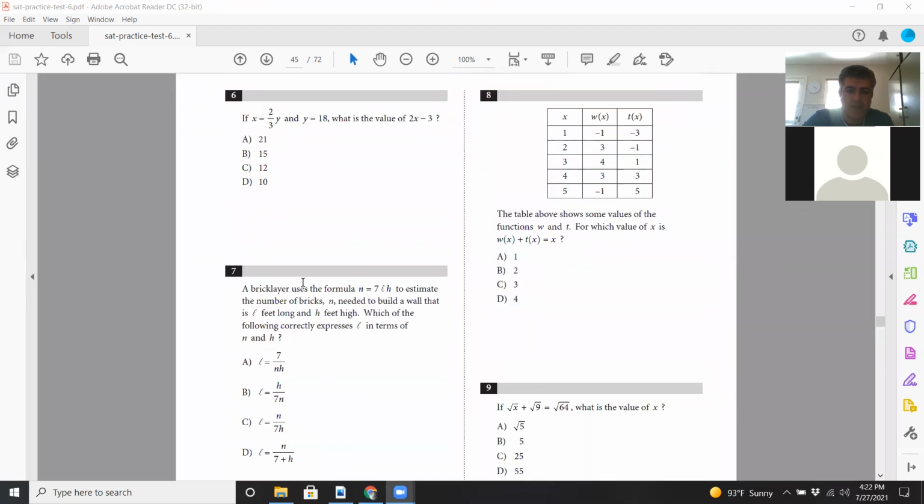Okay, for number 6, I'm going to have you guys try 6 and 7. Actually, I'll have you guys try this entire page. I'll give you about maybe 6 minutes. I'd say it's fair. So in the chat, just type in the number and the letter that you're picking.